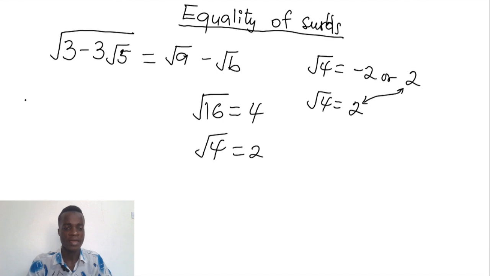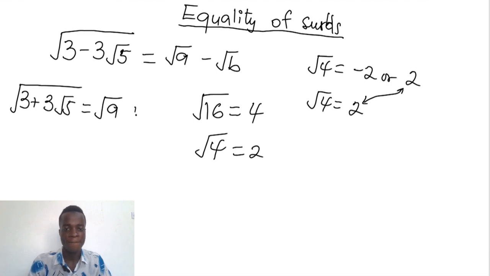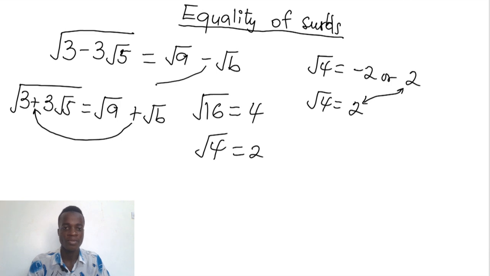Look, if the question were 3 plus 3 root 5, and I say find the positive square root of this, then you bring the major square root sign, and then you put square root of A plus square root of B. The positive sign in the middle is because the number is positive. If there is a negative between the two terms, that is why I will use the negative sign.